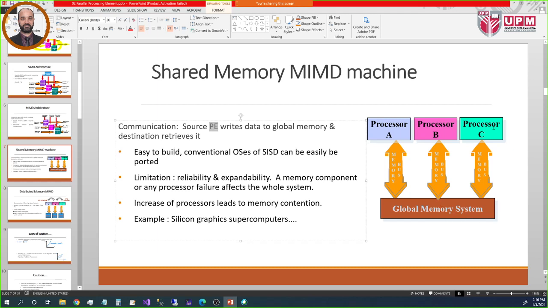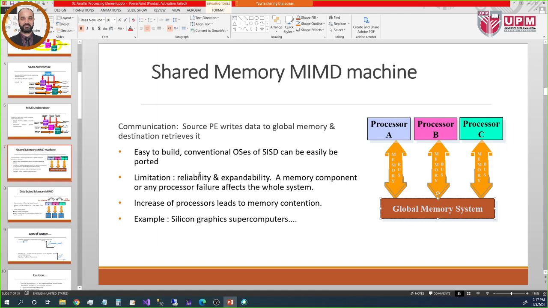Then maybe processor C or processor B needs that X to solve other issues or perform other tasks. They can also save their own data in the memory related to the instruction run on that processor. So they can use the memory to communicate. That means they can use the shared memory like a whiteboard: somebody writes and others can read.